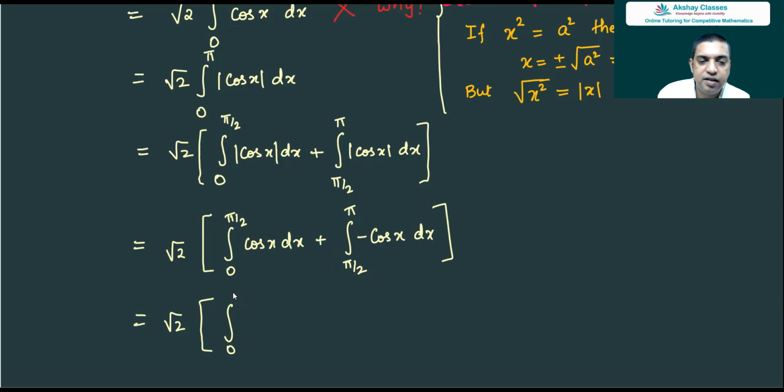So now we can integrate it. Integral of cos x is plus sin x from 0 to pi by 2 minus of sin x from pi by 2 to pi.